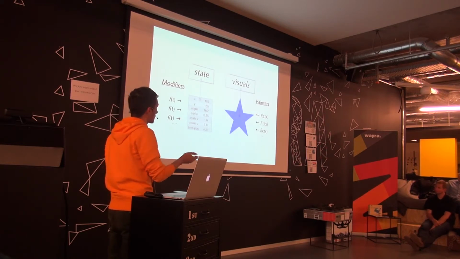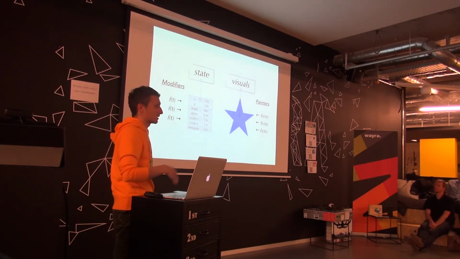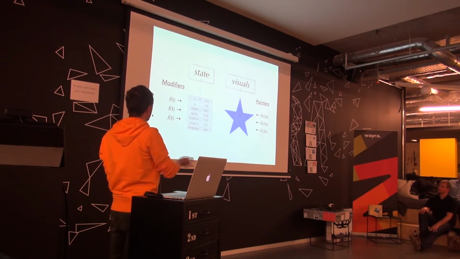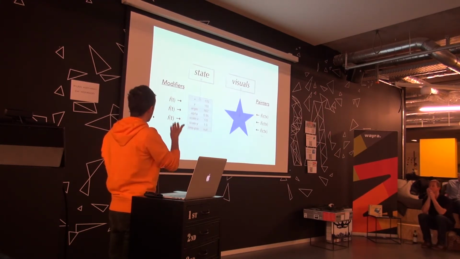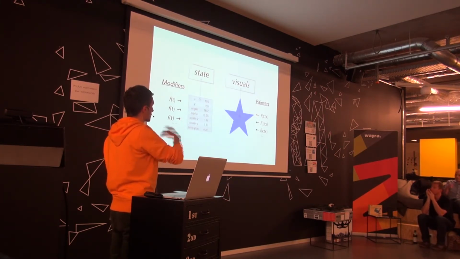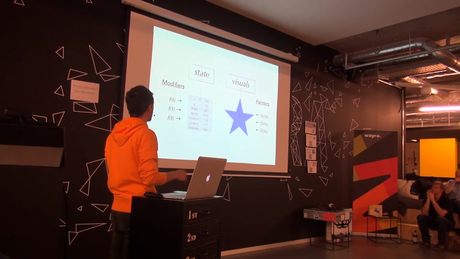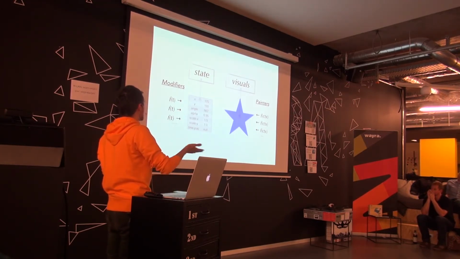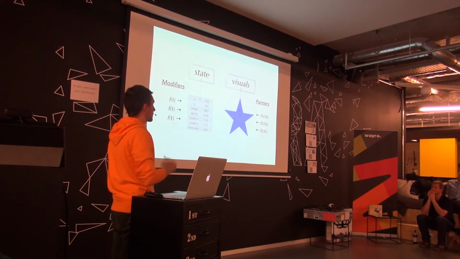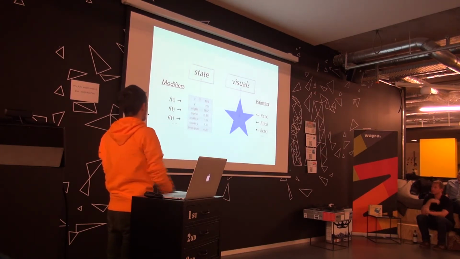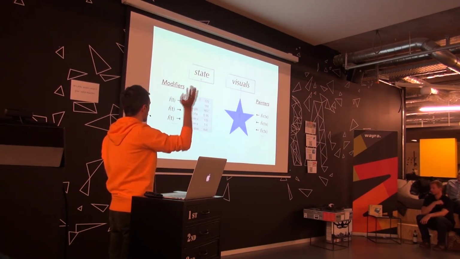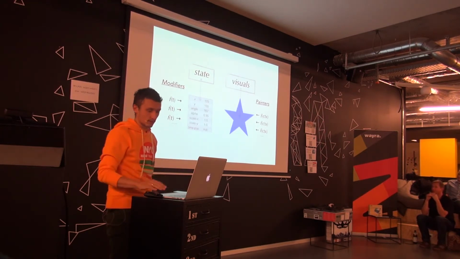For the user, there are some provided functions, which we call modifiers. These are functions which modify the state of the element, like position, angle, and that stuff. They are functions of time, and there are painters, which are functions of context. So you may add a lot of your own painters and draw anything you want.